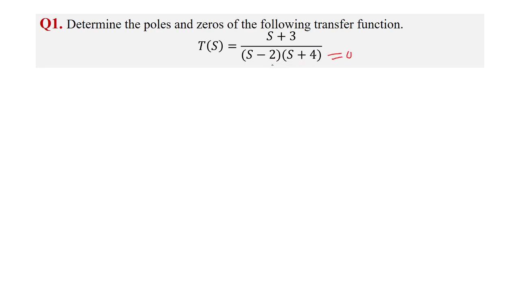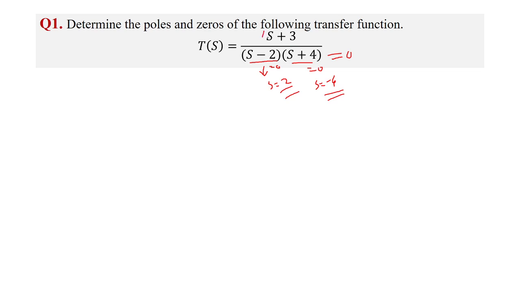So when will this denominator become 0? When the value of this term equals 0, or when the value of this term equals 0. The value of s at which this term equals 0 is s equal to 2, and this is s equal to minus 4. So these will be the poles of this transfer function.